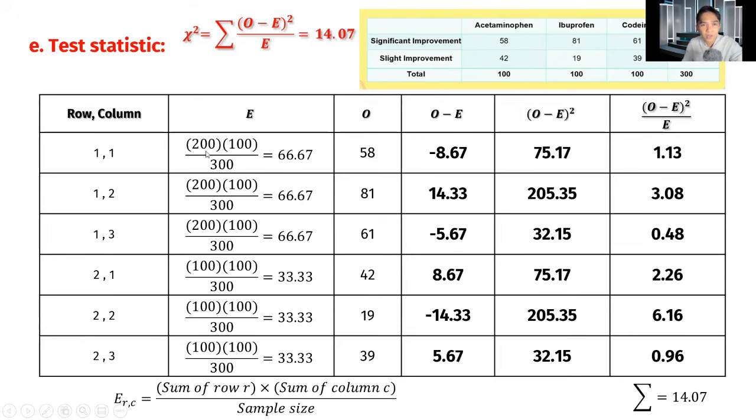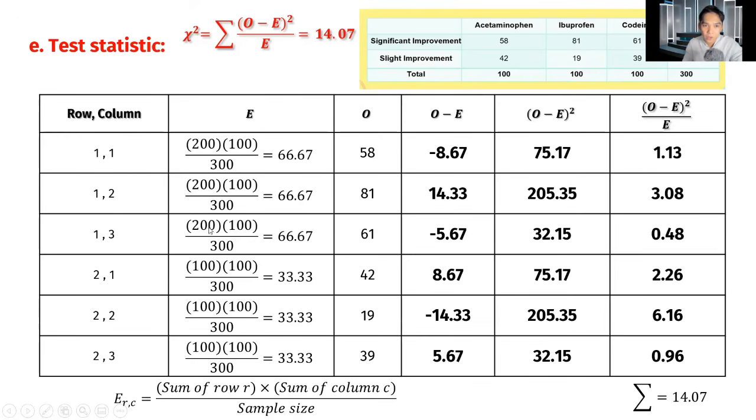We can try using our calculator, 200 times 100. That is 20,000 divided by 300. 66.67. And likewise, row 1, 200 times column 2, 100, also divided by our population, 300.